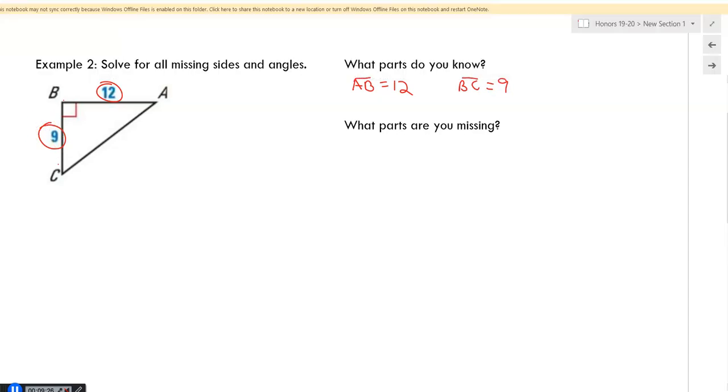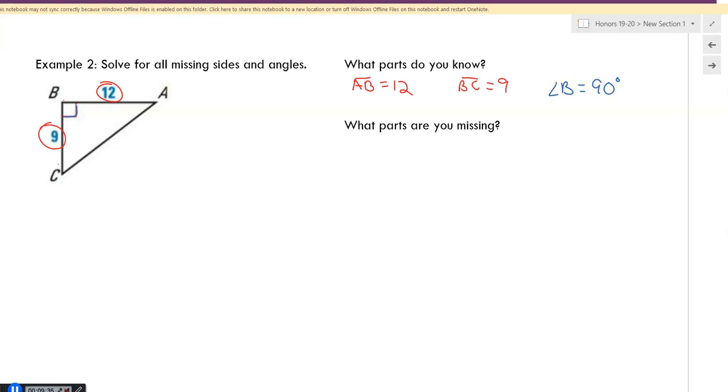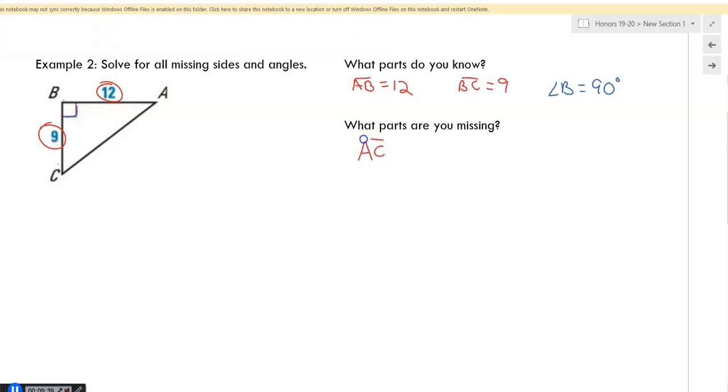And I know my angle B is my right angle. What parts are you missing? Well, we still need the side length AC. And then I need angle A and angle C.